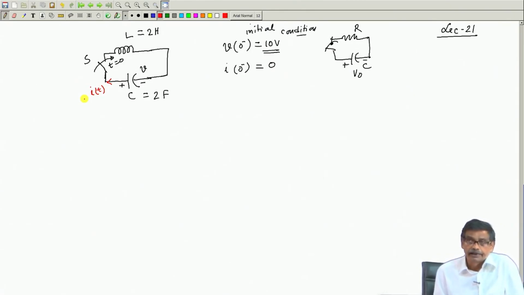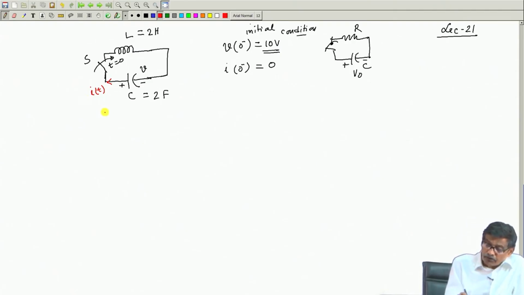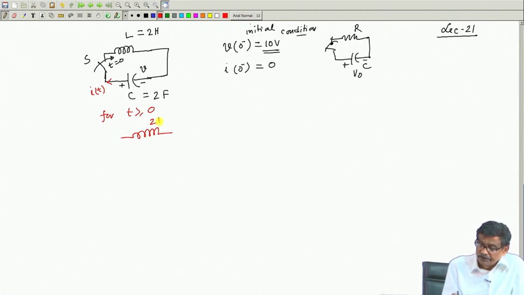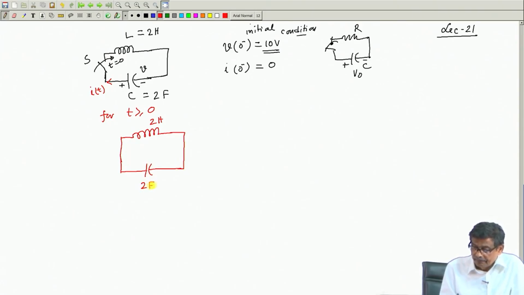So, that was fine. Now, for t greater than 0, say equal to 0, the circuit is like this: L, that is 2 Henry, and the circuit is closed, with the capacitor of 2 farad.